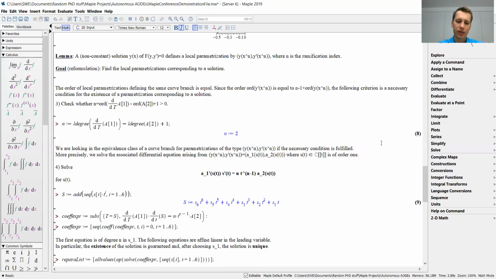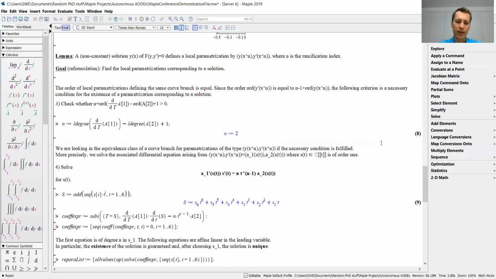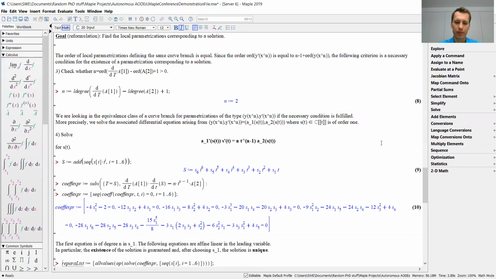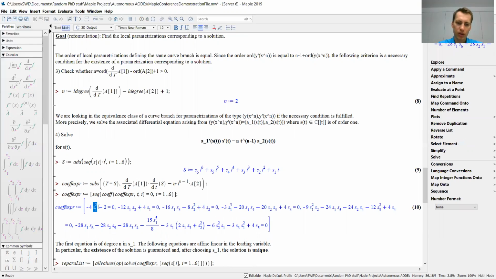So we make an ansatz of unknown coefficients and simply plug it into the differential equation. Here you can see that we get a lot of restrictions on the coefficients. So here we have S1, S2, and so on. Moreover, for S1, we have this quadratic relation. And for S2, S3, and so on, it's S4 here, it's linear in this coefficient.